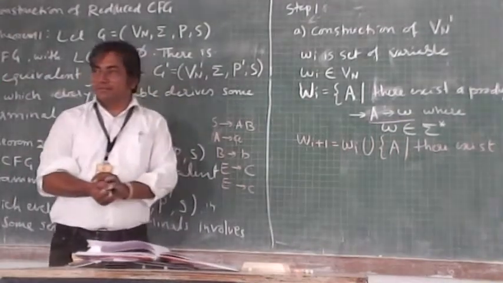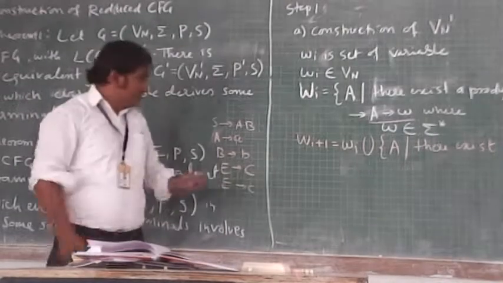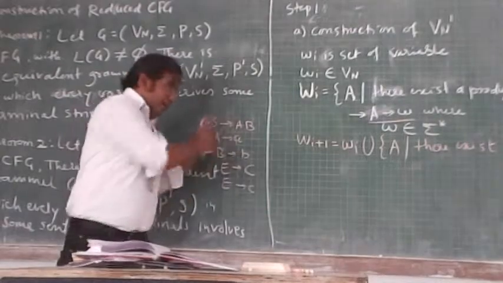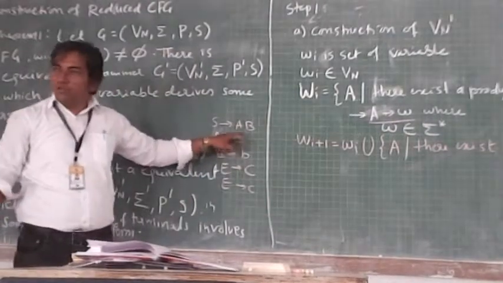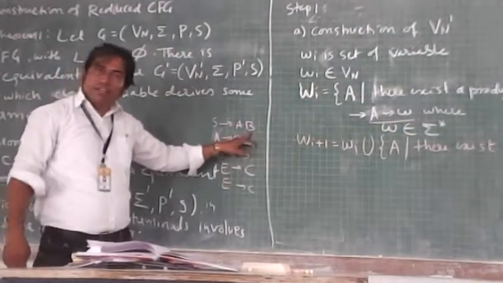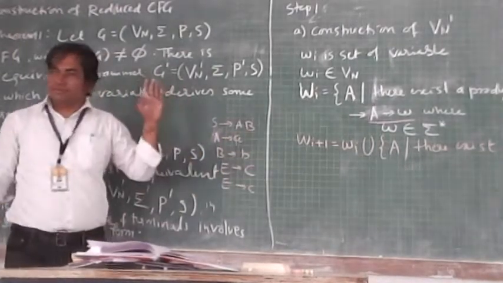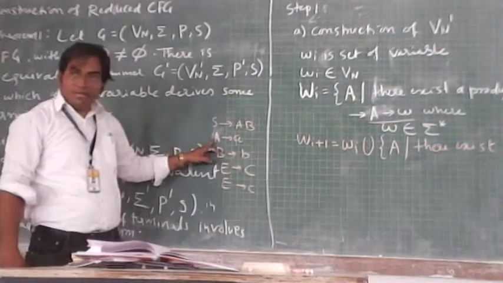What is the logic? Such a production whose right hand side is a combination of the variables we have already collected. Which variables have we got so far?